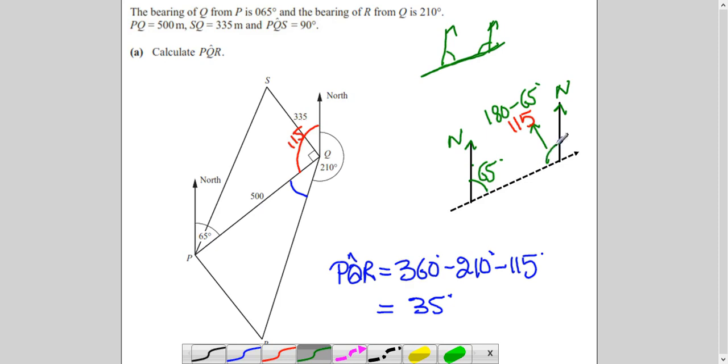It will be 180 minus 65. In the diagram, it is this red angle. Consider this north and this north, and this is the line joining them straight. So the angle inside is this one and this one. So it's very easy, this is 115.